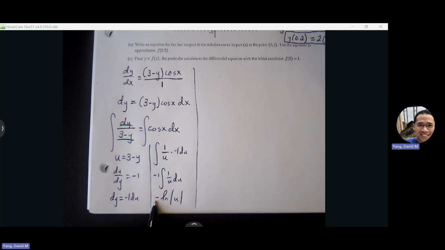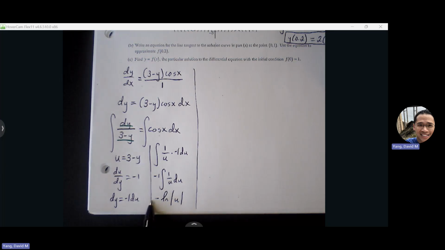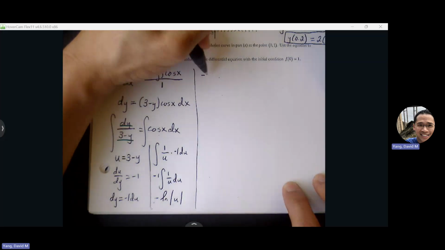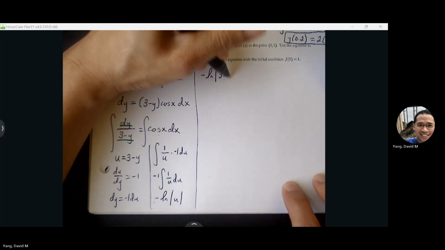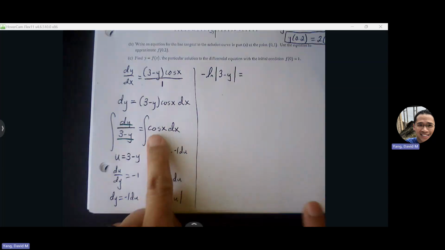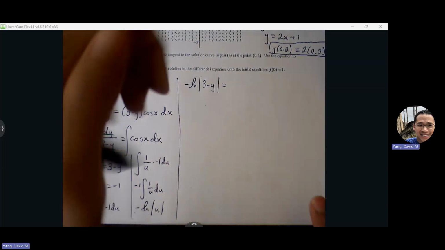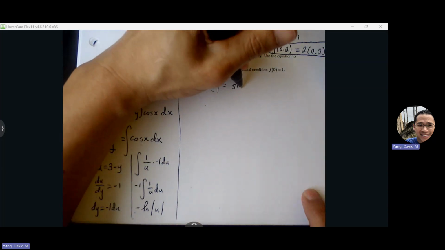So we do have to keep track of the fact that there is a negative 1 that's going to be leftover out of my u substitution process. Okay, so natural log of u, replace the u back in terms of y. So now I have everything up at the function level. And the right side, we talked about cosine just becoming sine. No need for u substitution there.